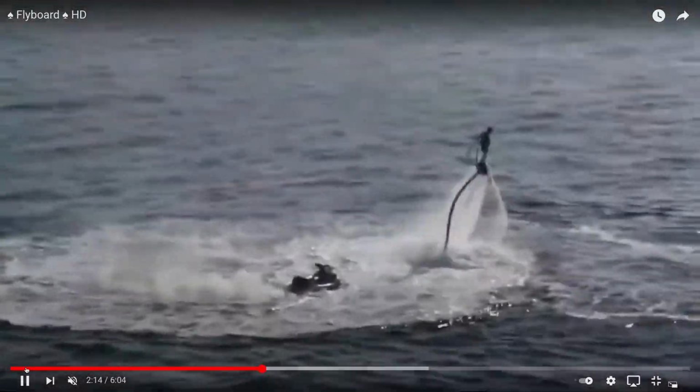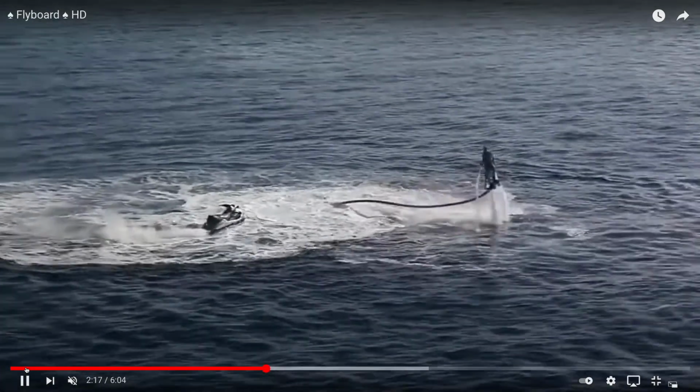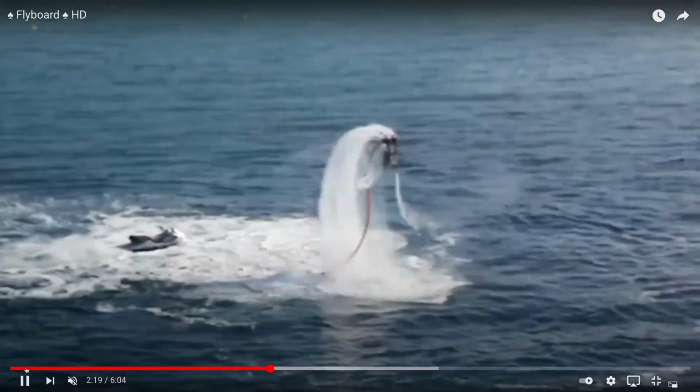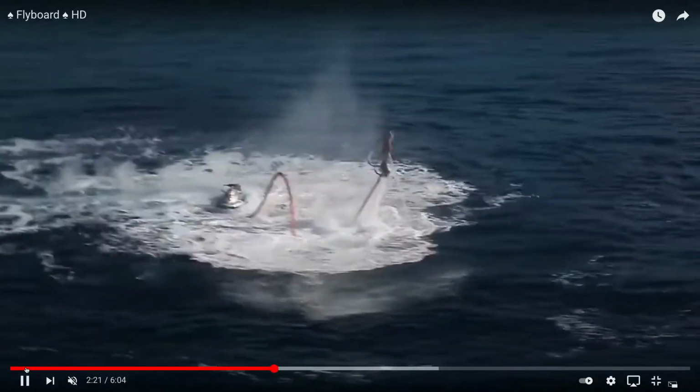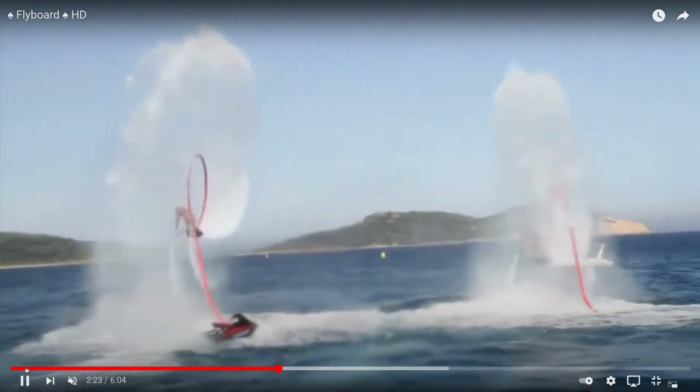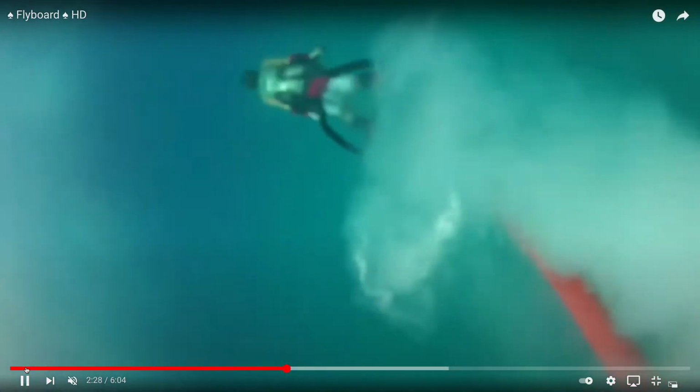It can be directed by squirting it downwards to provide enough oomph to keep you up. It looks like it's coming out of their feet as well as their arms. Yeah, it is. So it's kind of cool.